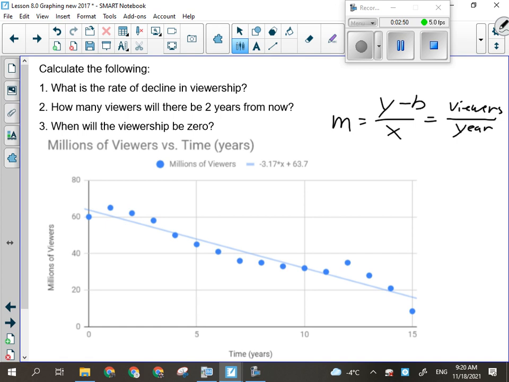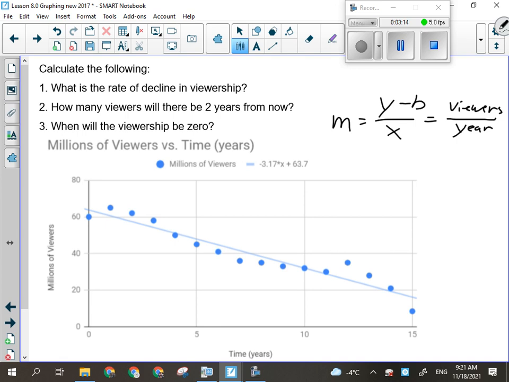In fact, we could have this be like a Biggest Loser graph, where people are trying to lose weight. We'd have weight on the y-axis and time on the x-axis, and it would tell us how many kilograms per week they lose. That would be the slope. Whatever's on the y over whatever's on the x, that's what the slope will tell us.